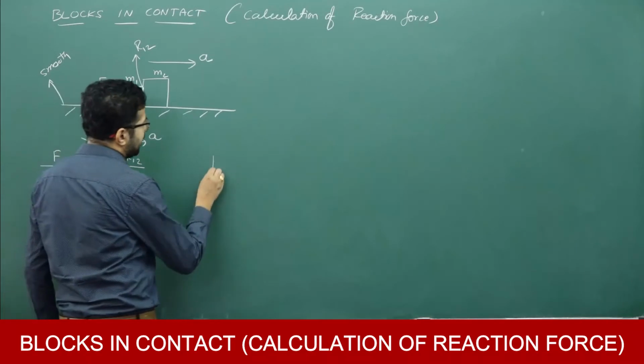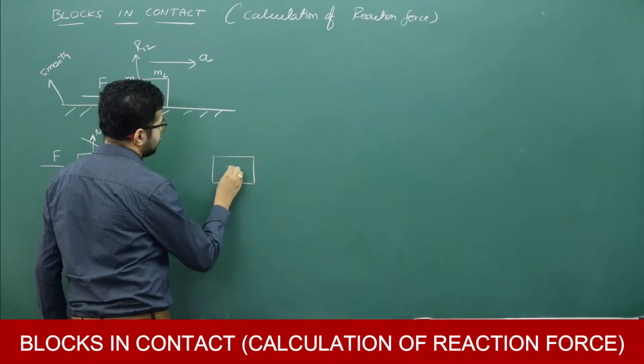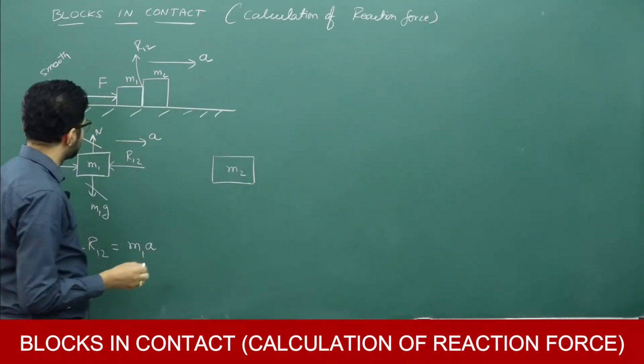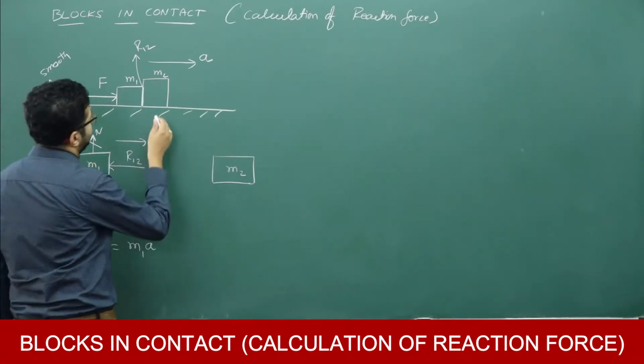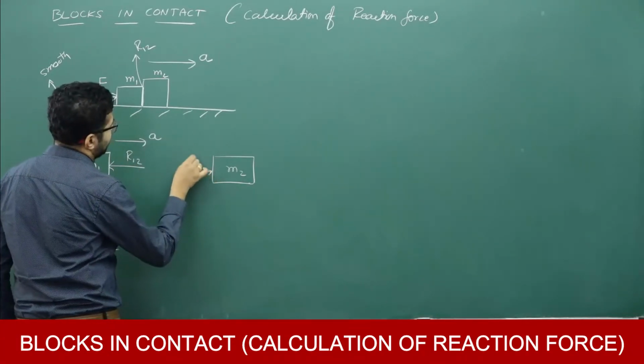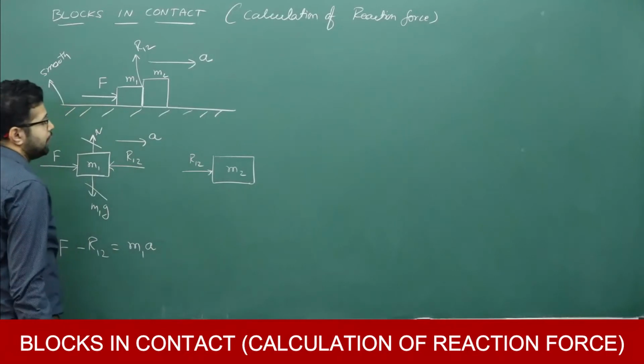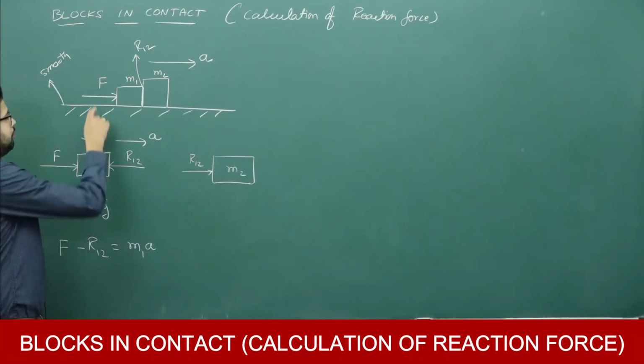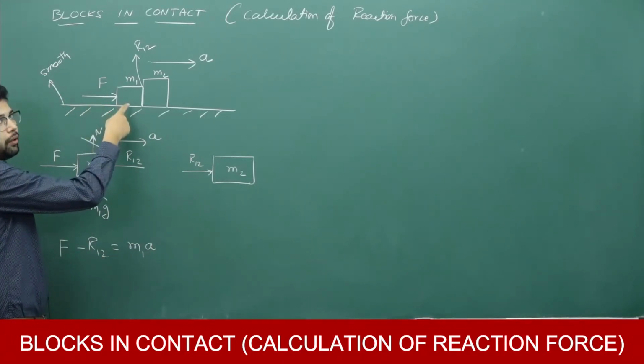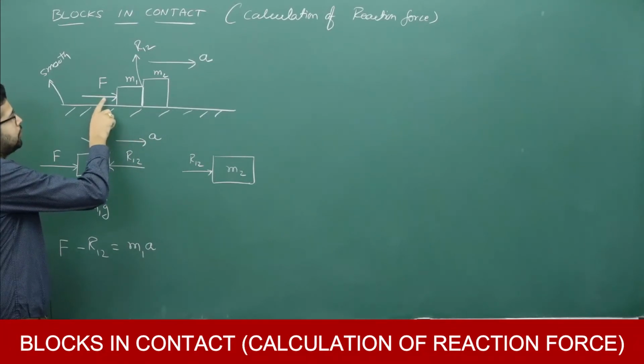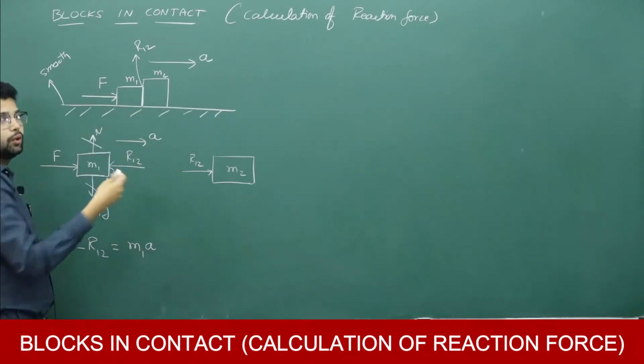If I write the free body diagram for mass M2, what happens? On M2, only one force is acting, that is R12, the reaction force. Why? F is not directly acting on M2. It acts on M1 and M2 together.